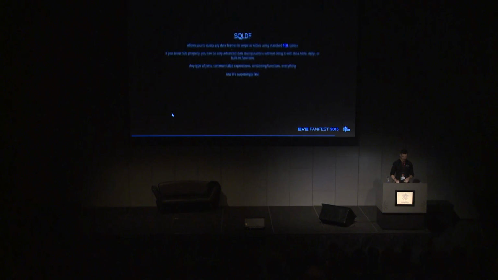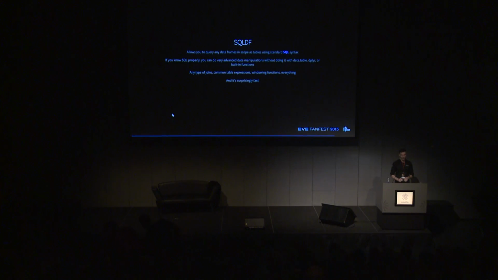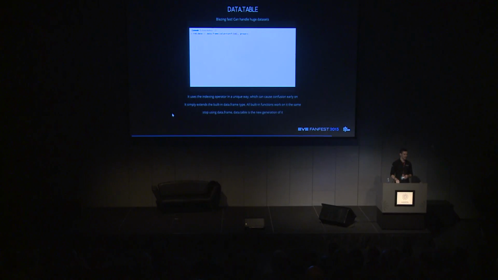And then there's FactoMineR. The people behind that are at the top of their class in doing principal component analysis. And then we have sqldf. If you know SQL and you're working with data frames in R, then I'd suggest using sqldf to get started, because this allows you to use complete SQL syntax in R on data frames to query, join, and so on. data.table is really good for huge amounts of data.